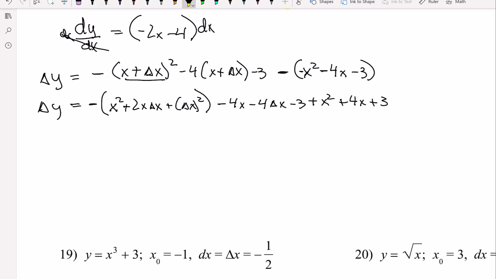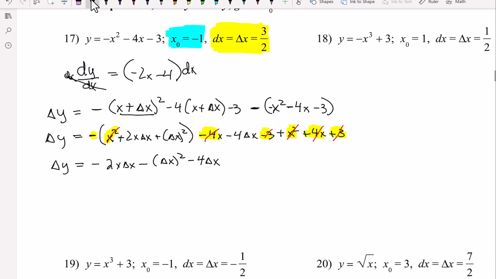And then we're going to find their pairings. Positive 3, negative 3. Positive 4x, negative 4x. X squared, negative x squared. So all of those are going to cancel. So what you have left is delta y is equal to negative 2x delta x, subtract delta x squared, subtract 4 delta x.